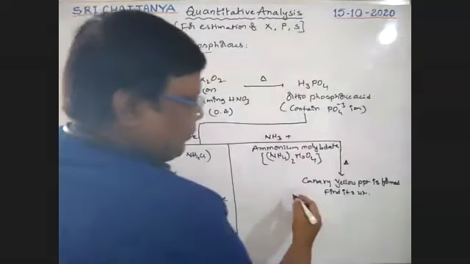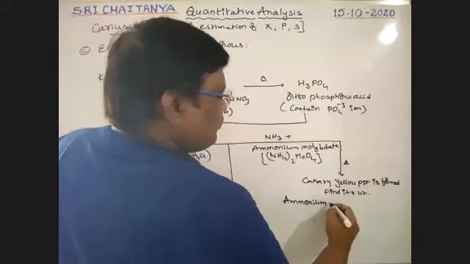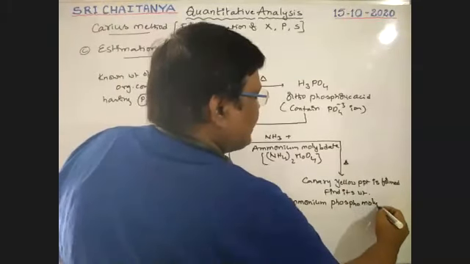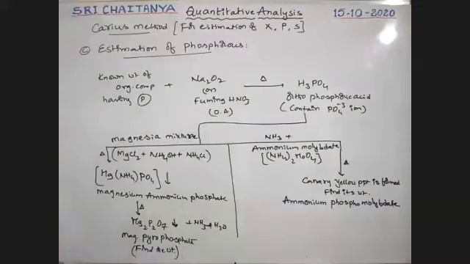The precipitate name is ammonium phosphomolybdate. Ammonium phosphomolybdate is the precipitate, boys.